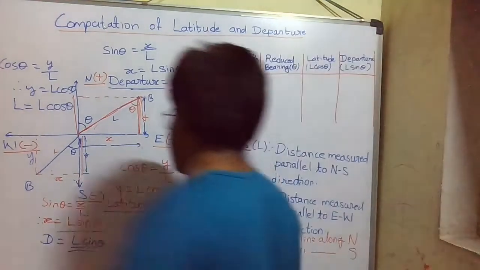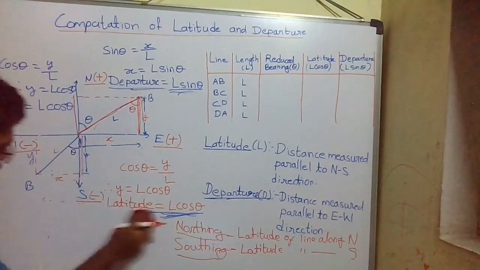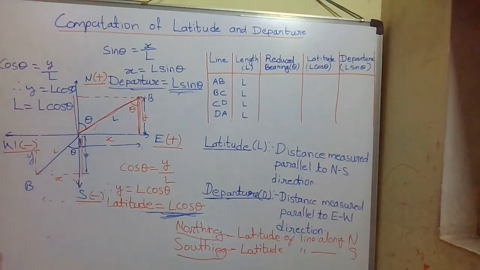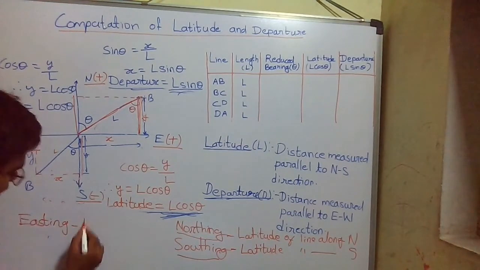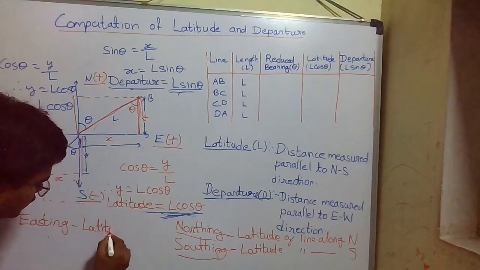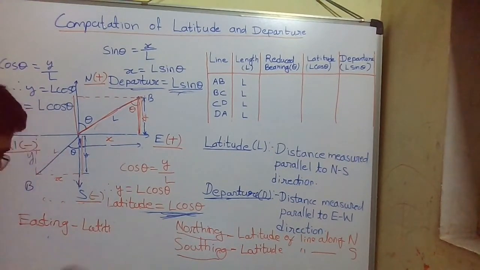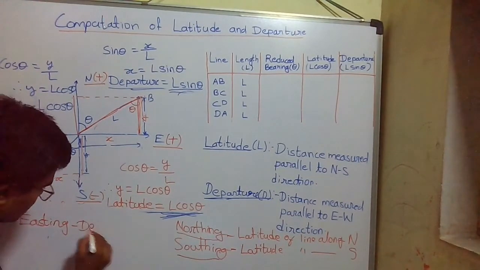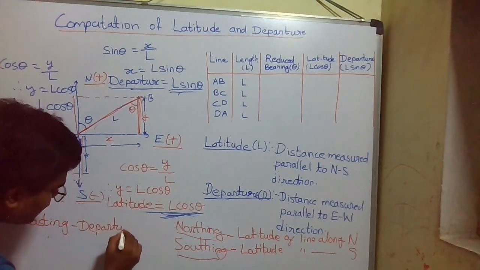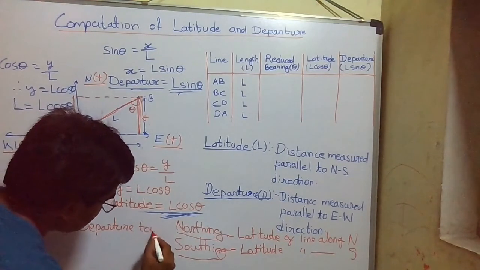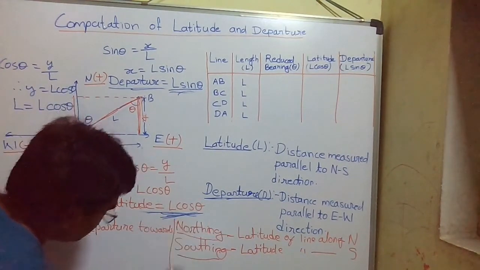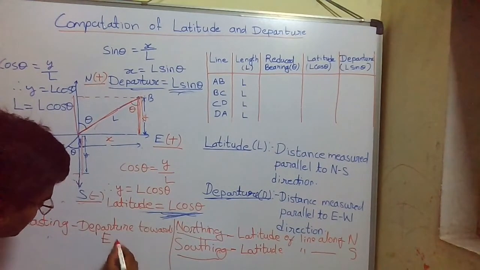And in a similar way, if departure is along east, then it is called easting. Easting means departure towards east.